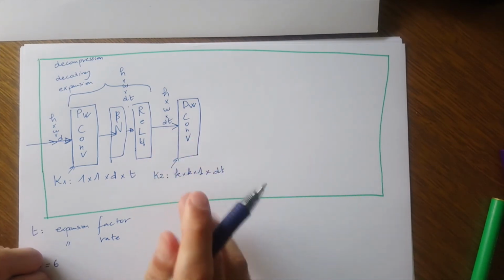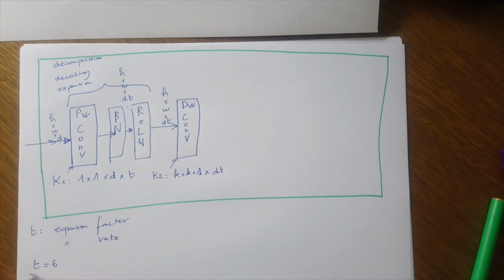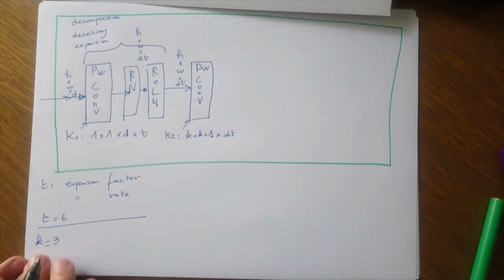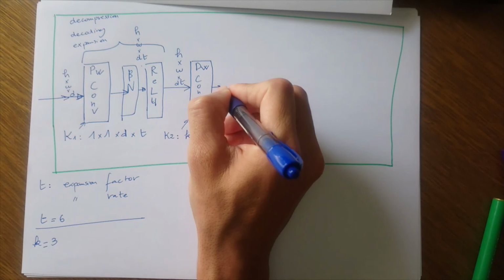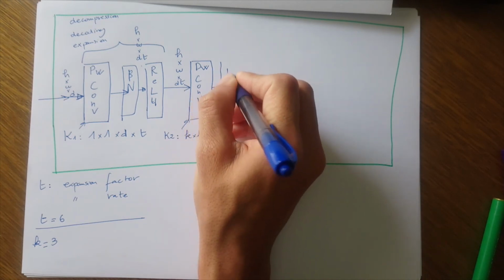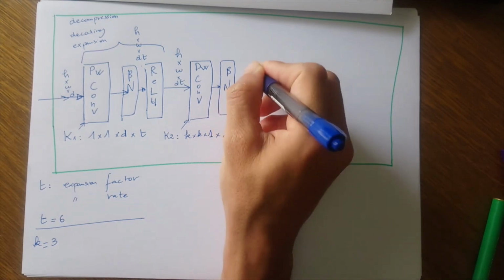In the MobileNetV2 architecture, K was equal to 3, and it's equal to 3 in most modern CNN architectures. After that, we apply batch normalization, then ReLU.